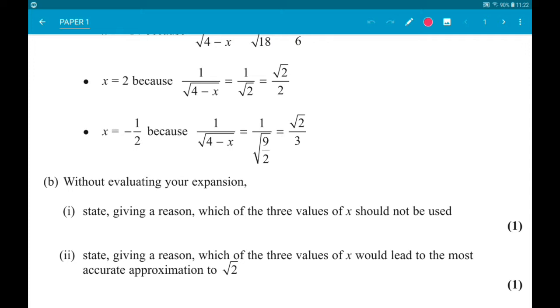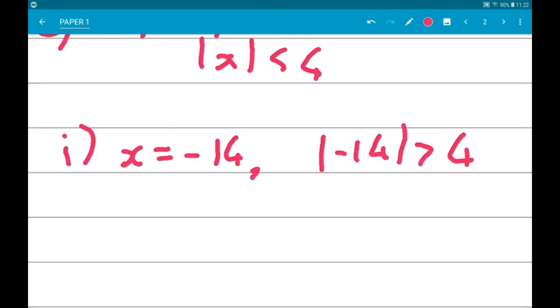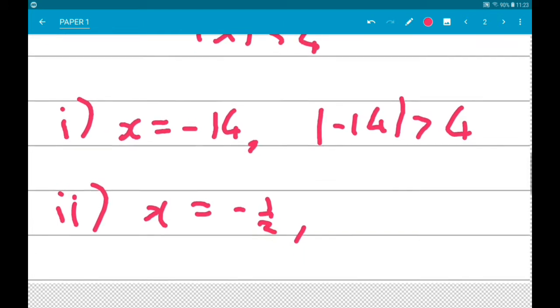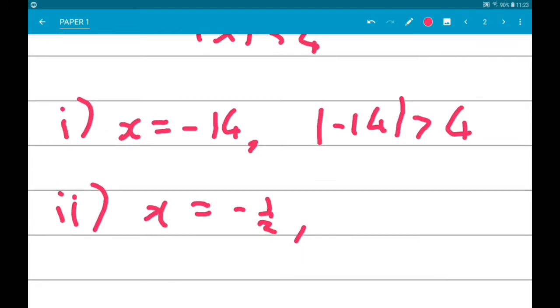So, the smaller the absolute value of x that we substitute in, the more accurate the approximation. So, here it would be x is minus 1/2 because it's closest to 0, so it has the smallest absolute value.